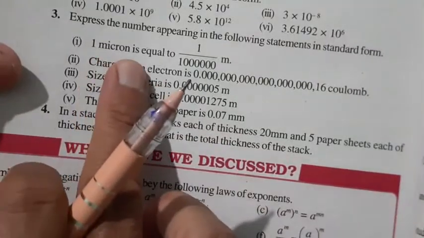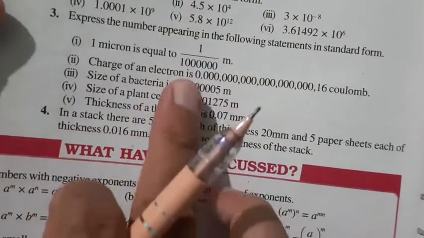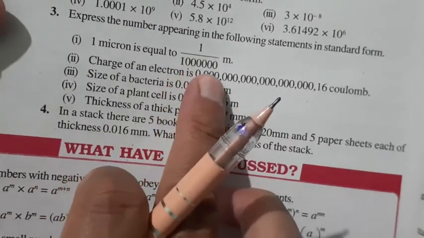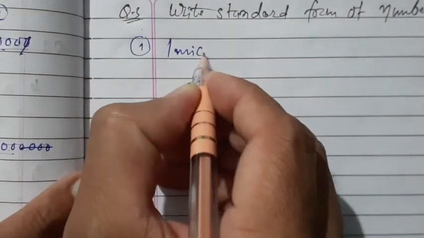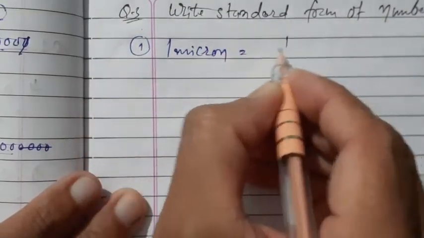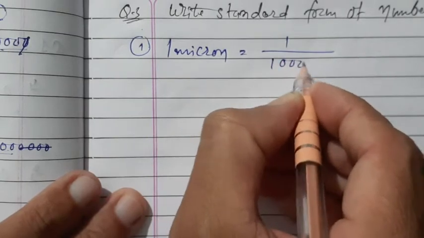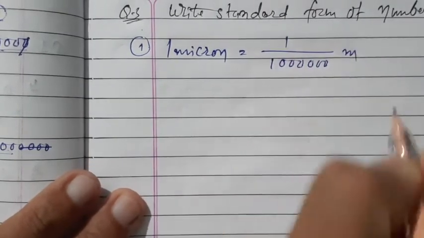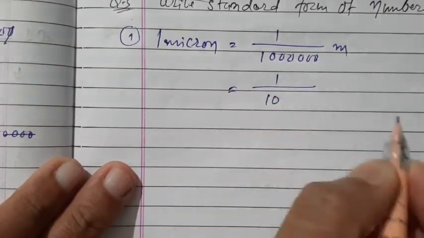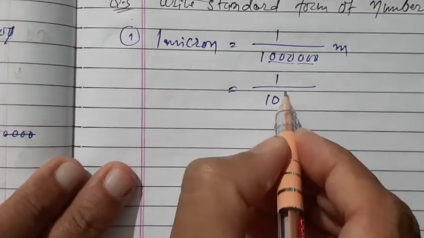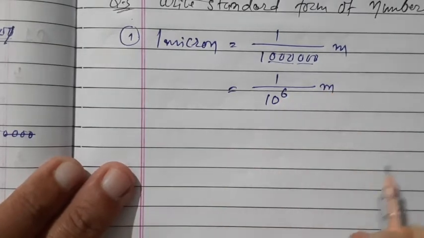First is 1 micron is equal to 1 upon 1 lakh meter. So first question, what is given? 1 micron equal to 1 upon 1 and 6 zeros are there, meter. That means 1 upon 10, and how many zeros are there? 6, means 10 to the 6 meter.